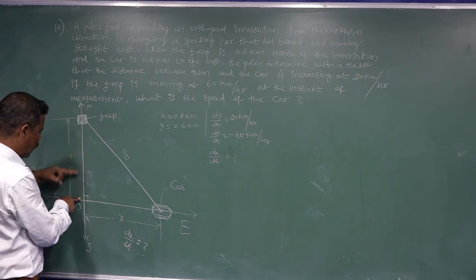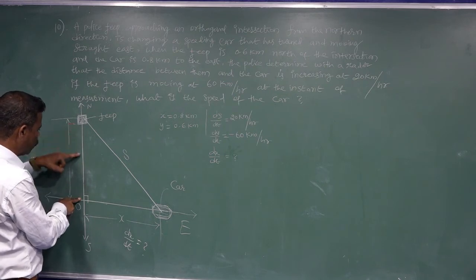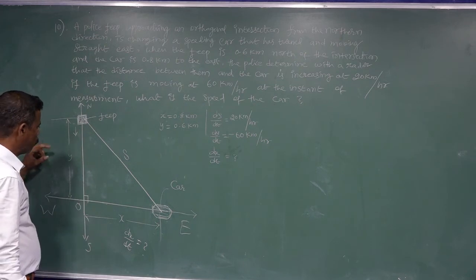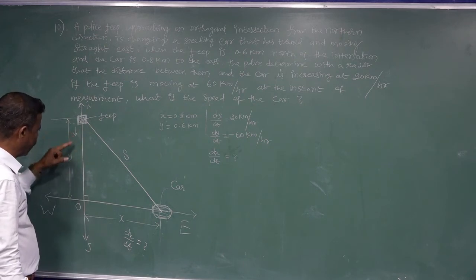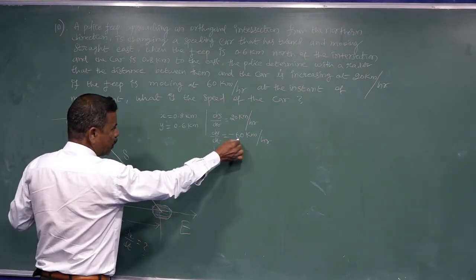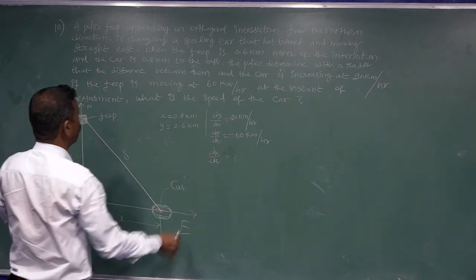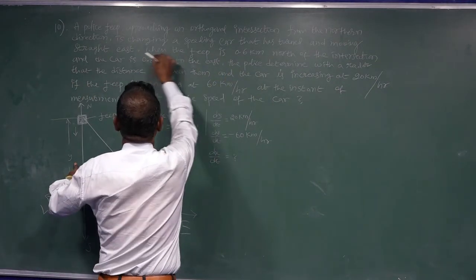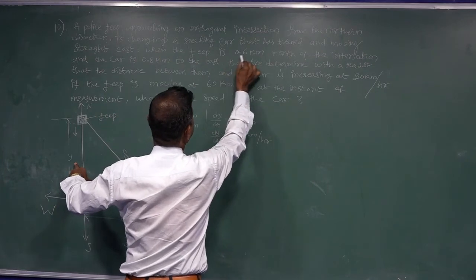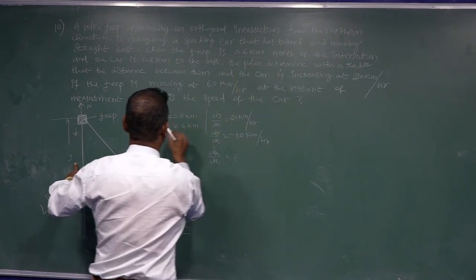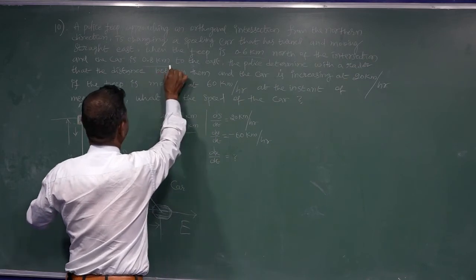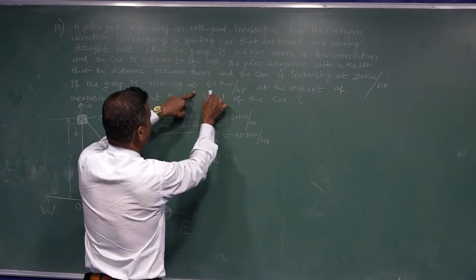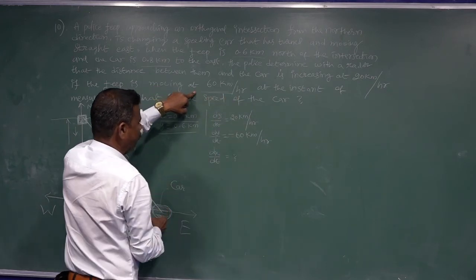So towards the orthogonal intersection, this jeep is coming downwards. This downward rate dy by dt is negative 60 km per hour, given. Here 0.6 kilometers is the y length, 0.8 kilometers is the x length, and 60 kilometers per hour is given.